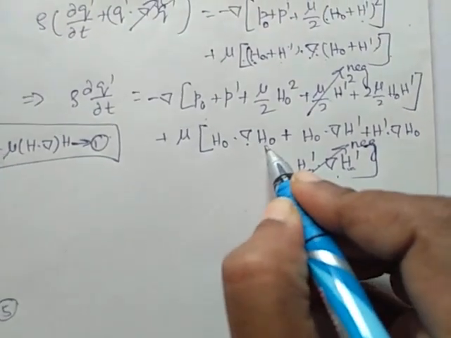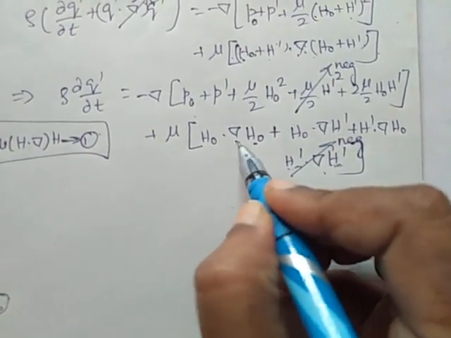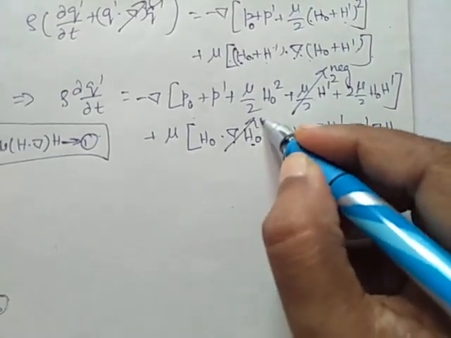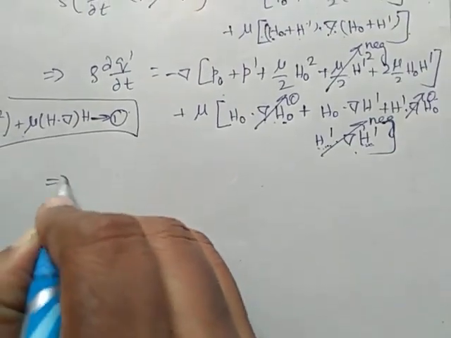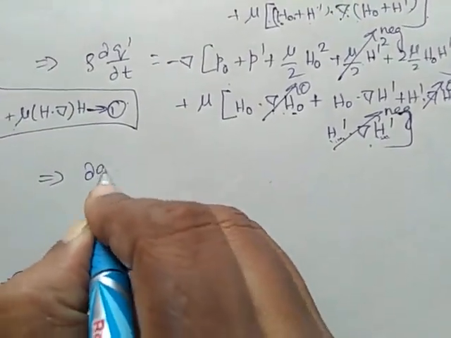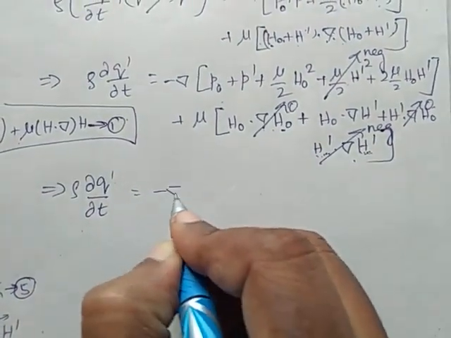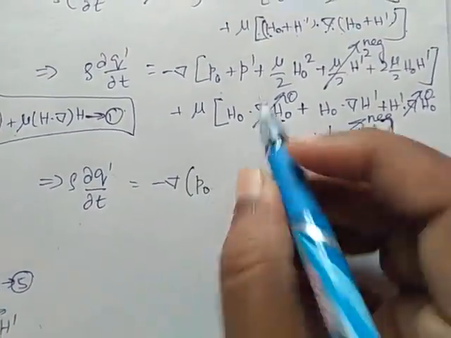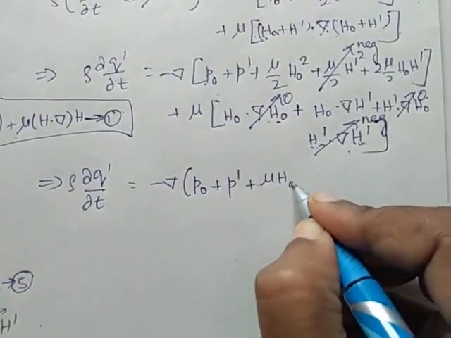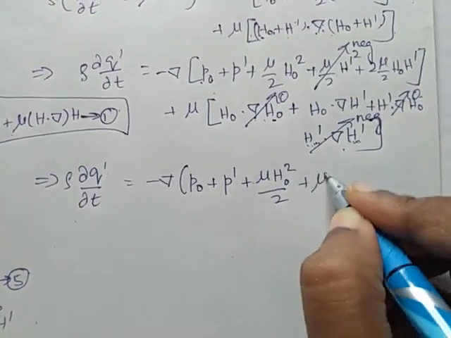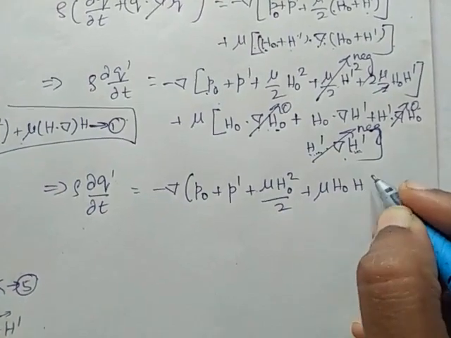Also, del of H naught: H naught is constant. Differentiation of a constant with respect to x or y or z is 0. Therefore, this is 0 and this term is also 0. Therefore, we will get the momentum equation as rho into dou q dash by dou t equal to minus del of p naught plus p dash plus mu H naught square by 2 plus mu, this 2 will get cancelled, H naught H dash.